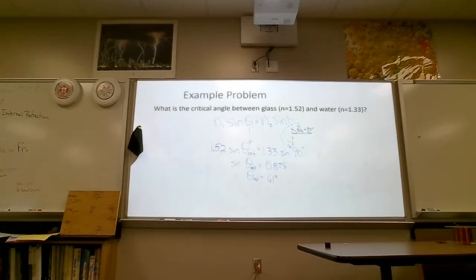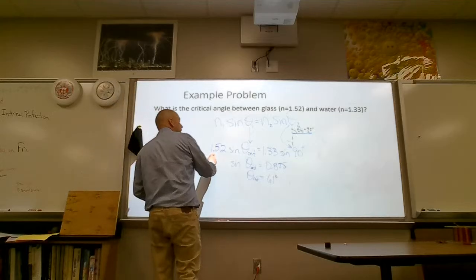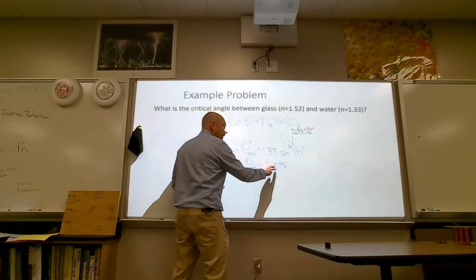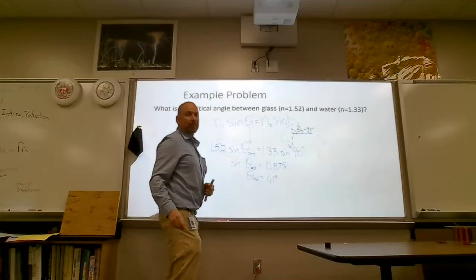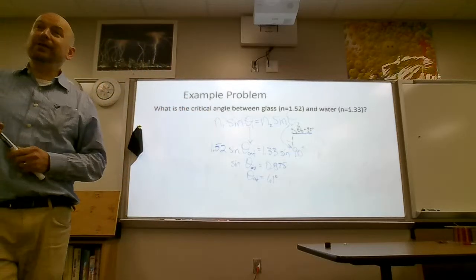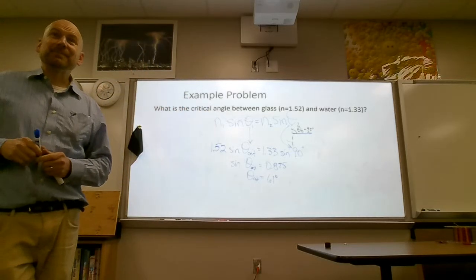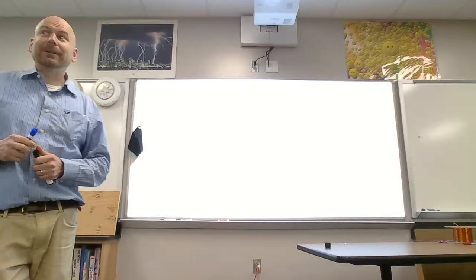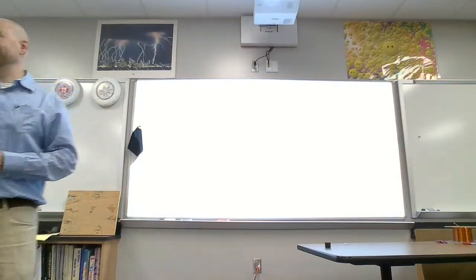Okay. Let's pretend that you messed this up and you put 1.33 here and 1.52 here. When you do the math, that's going to be greater than 1. When you go to do the inverse sine of something greater than 1, calculator's not gonna like it.